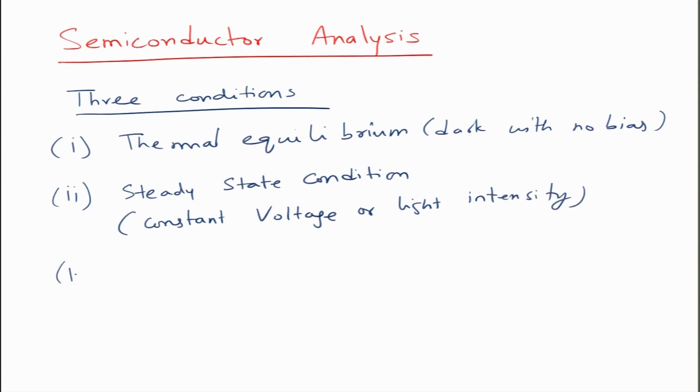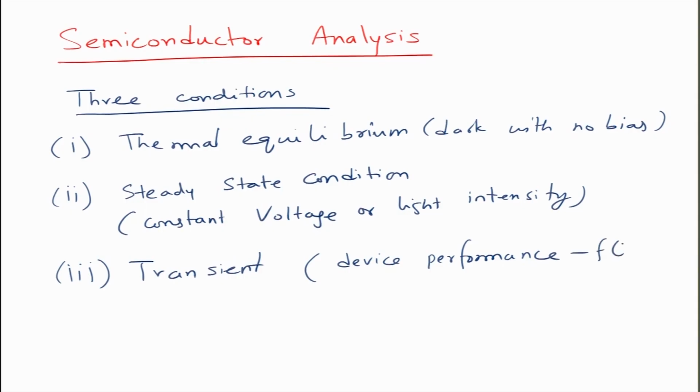And then the third one is transient, that is device performance or device characteristics are a function of time, okay, or you can say parameters change with time. Generally solar cell operate in these two regimes, okay. So, generally solar cell operate either in steady state conditions or in transient conditions.